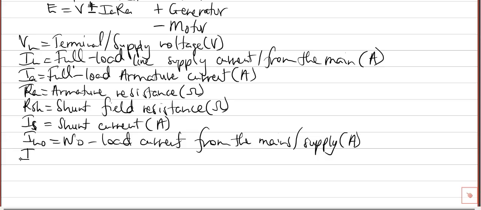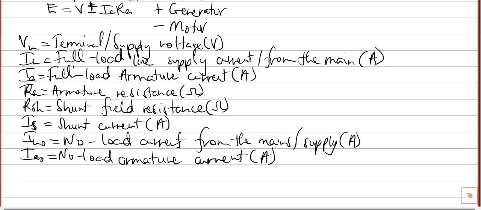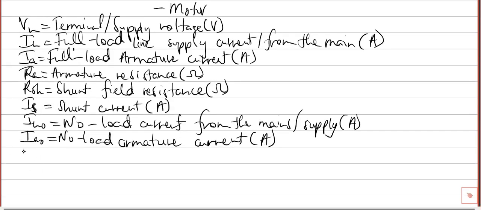Then you have your IAO, your no load armature current measured in amps. What else do you need to know?